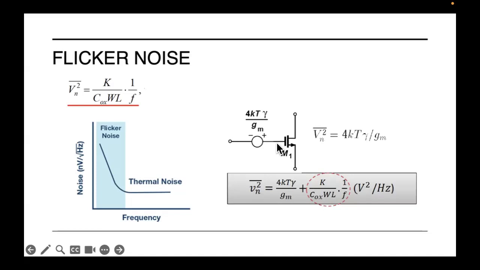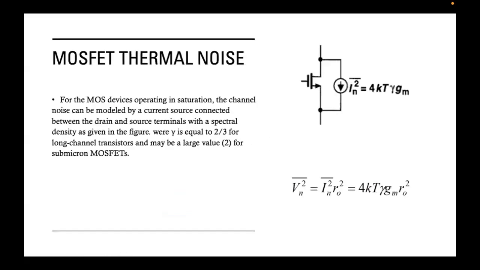As I mentioned when I briefly described the source of the flicker noise, it is due to the metal oxide semiconductor interface. So the flicker noise is usually related to the gate terminal, while the white thermal noise is between the source and the drain.